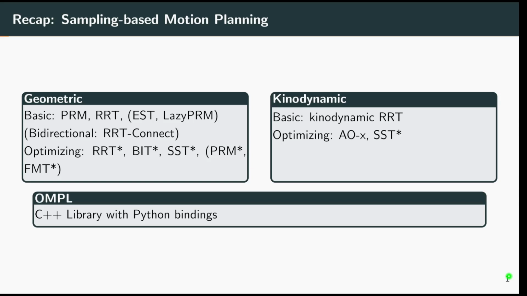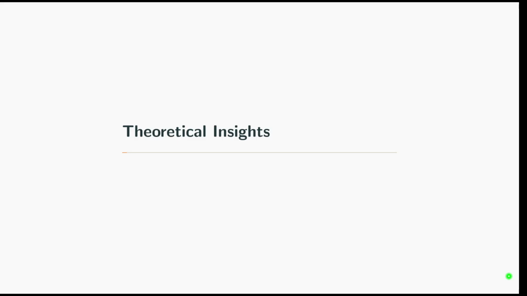And then last week, you learned about how to actually do things in practice, which is the Open Motion Planning Library, or OMPL for short, which you will also use in the third programming assignment that we have posted last week. Okay, so with that, I will start looking into more theoretical insights.